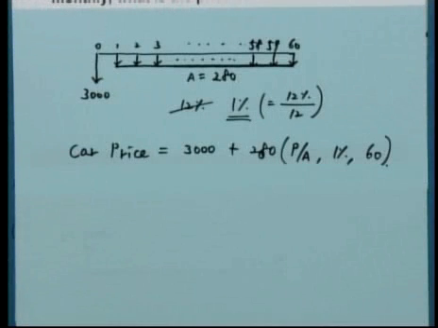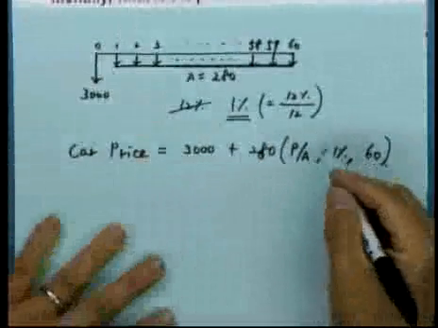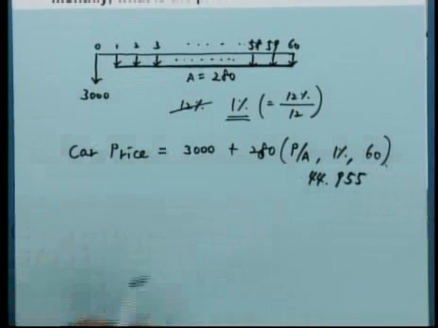We are looking for 1%, P given A over 60 periods, which is 44.955. Okay?